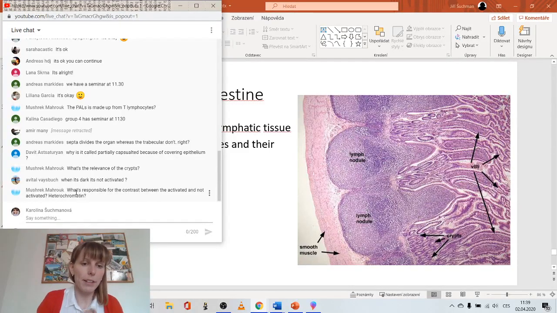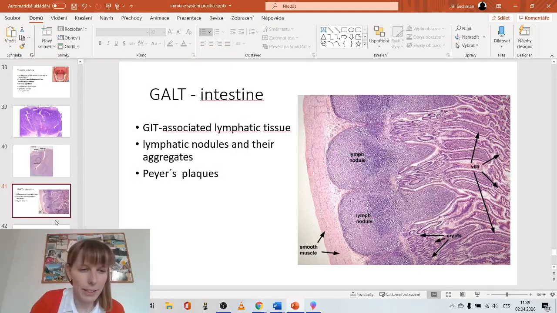The plasma cells, more cytoplasm, so more pink compared to just the hematoxylin, the purple hematoxylin in the areas where you just have inactivated lymphocytes. So that's it.